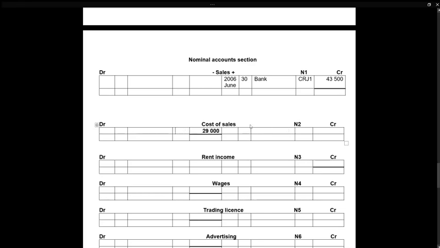Where did I get the information from? Cash received journal 1. My details will be trading stock. Cost of sales is being debited. If I want to find my credit, I'll find it in my trading stock as I just showed you. Remember it's a total of a column there for the 30th, 2006 and June.